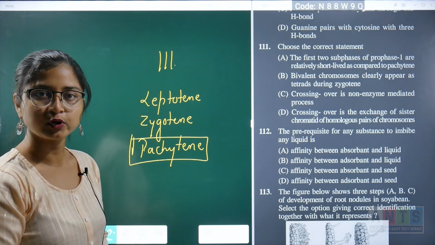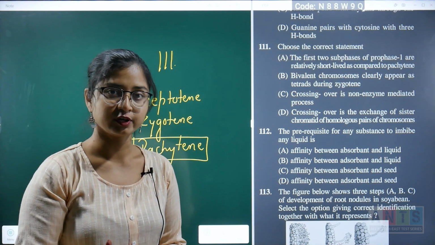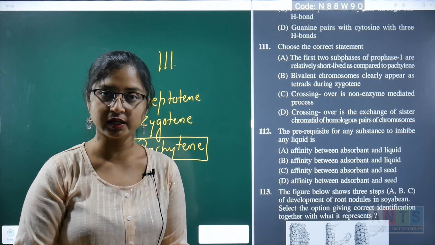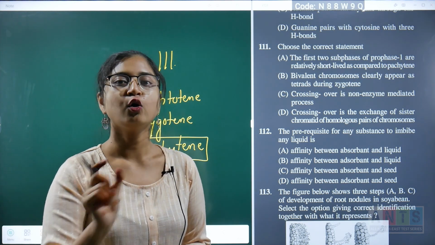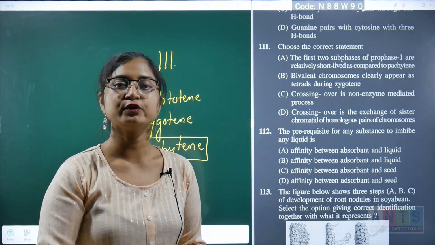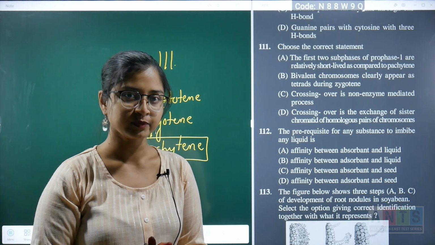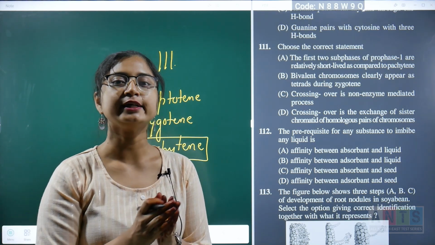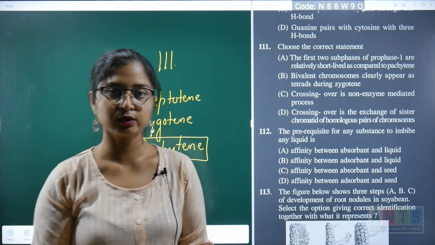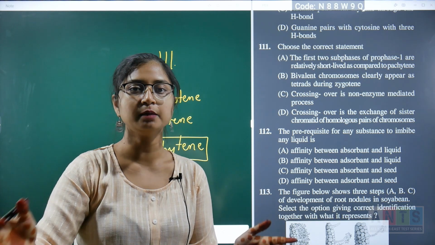Why? Because during pachytene, we have crossing over. There is an exchange of genetic material between the non-sister chromatids of homologous chromosomes. This phenomenon is called crossing over, in which genetic material is exchanged. So that is a very characteristic feature of pachytene. If genetic material is being exchanged between chromosomes, we need some time for that. So pachytene is comparatively a bit long.